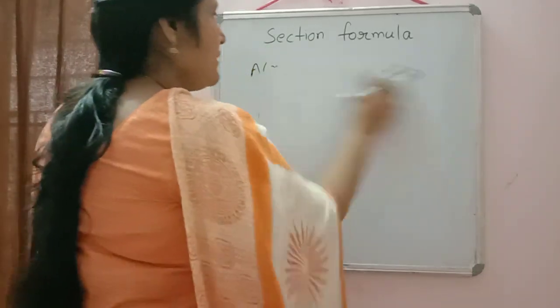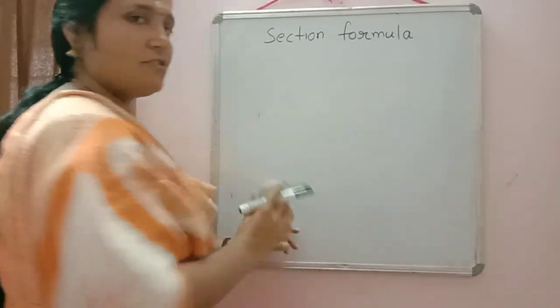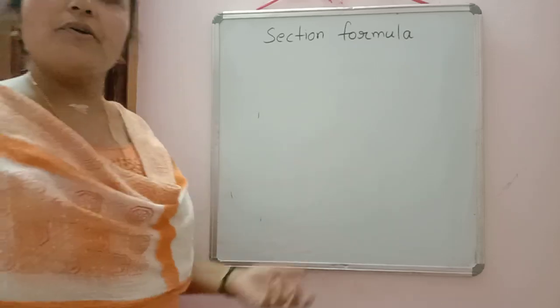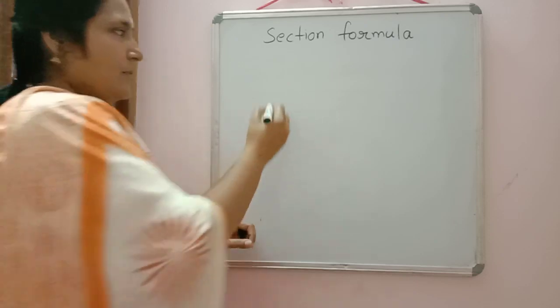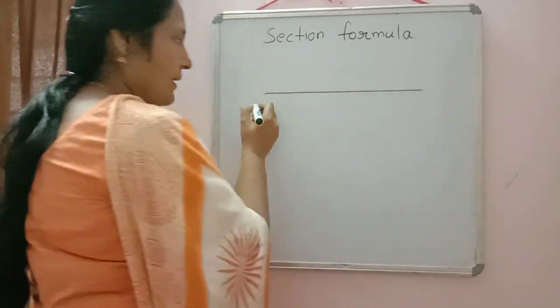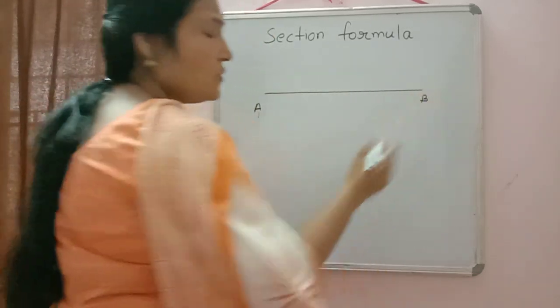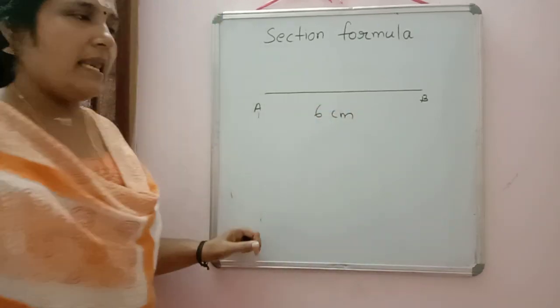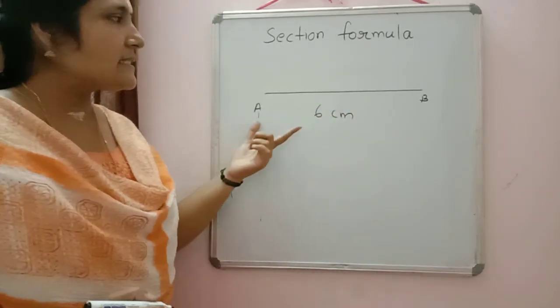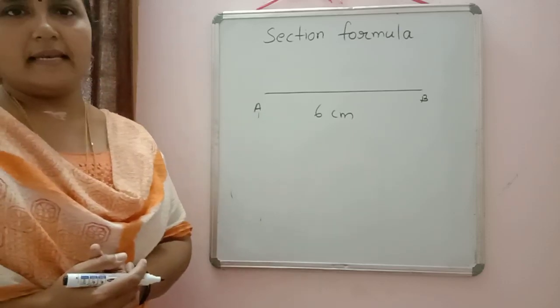So before moving to the main concept, first we should know what the section formula talks about. Now I will give you an example. Suppose I have a line segment AB whose length is 6 centimeter.